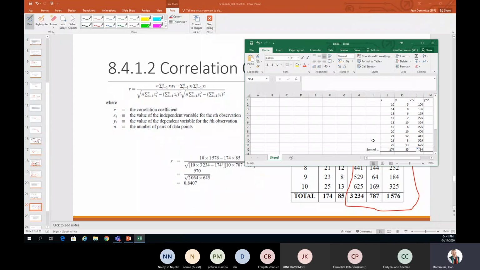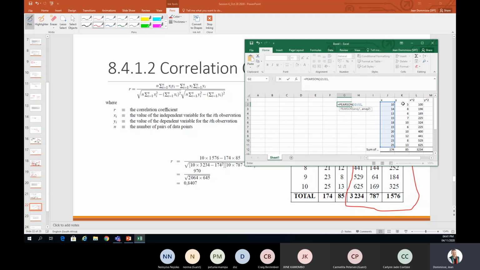Let's quickly check. Okay, so firstly, there is in Excel also, let's see if it is called correlation or if it is called Pearson. Okay, so there is the Pearson formula, and basically what it asks you to do is put in the first array, which is the x's.